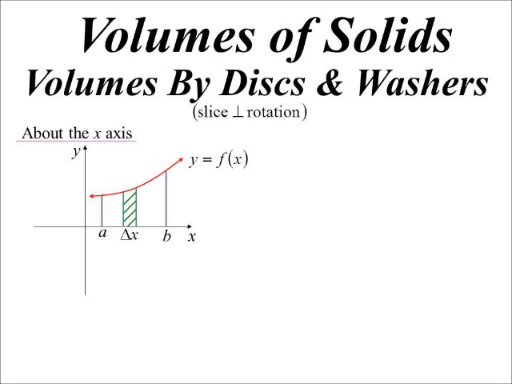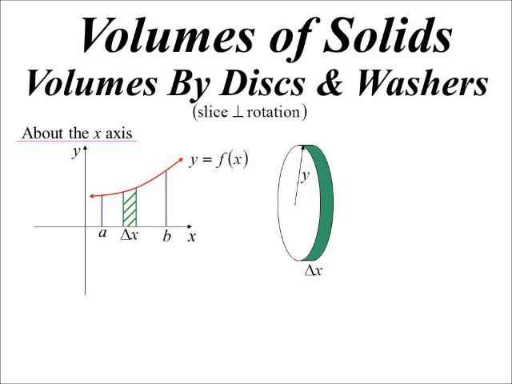So I'm still going to get this infinitely thin rectangle, and I'm going to rotate it round the x-axis, and I'm going to do that for all of those rectangles. Now, each one of those rectangles creates some sort of disk, which has a thickness of whatever the change in the x value is. But of course, we could find the volume of that disk. The radius would be the y value.